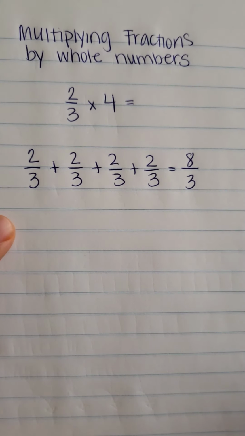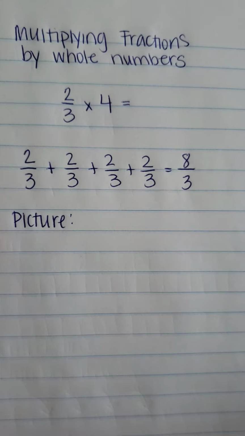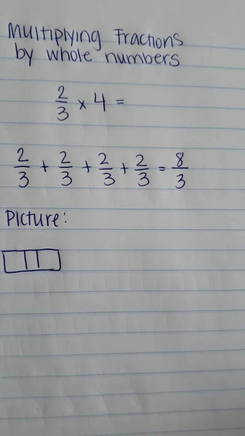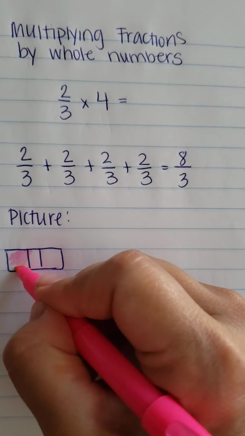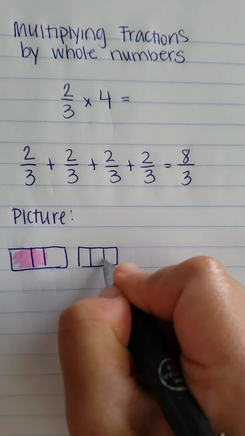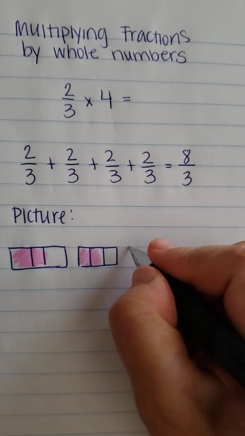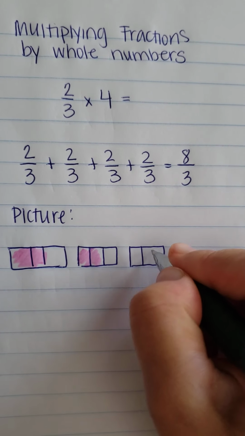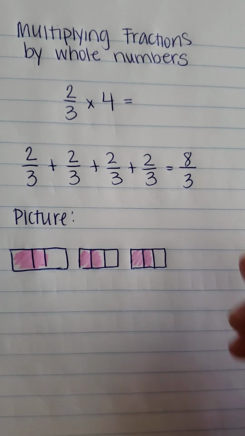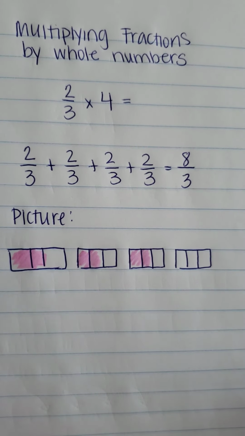picture model. Okay, so for the picture model, I will be representing 2/3 4 different times. So 2/3, 2/3, 2/3, 2/3.